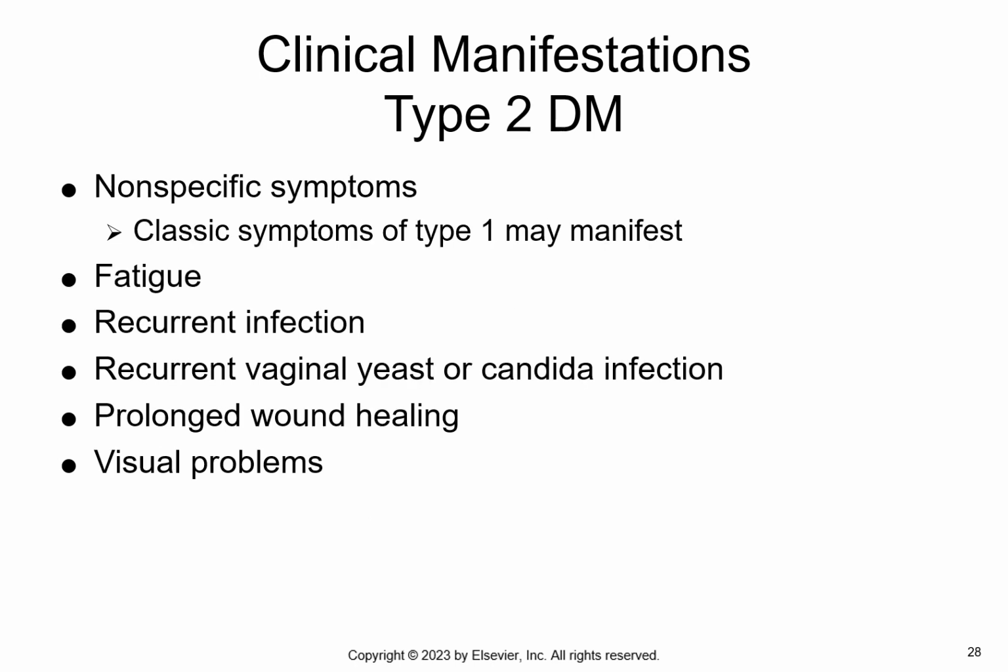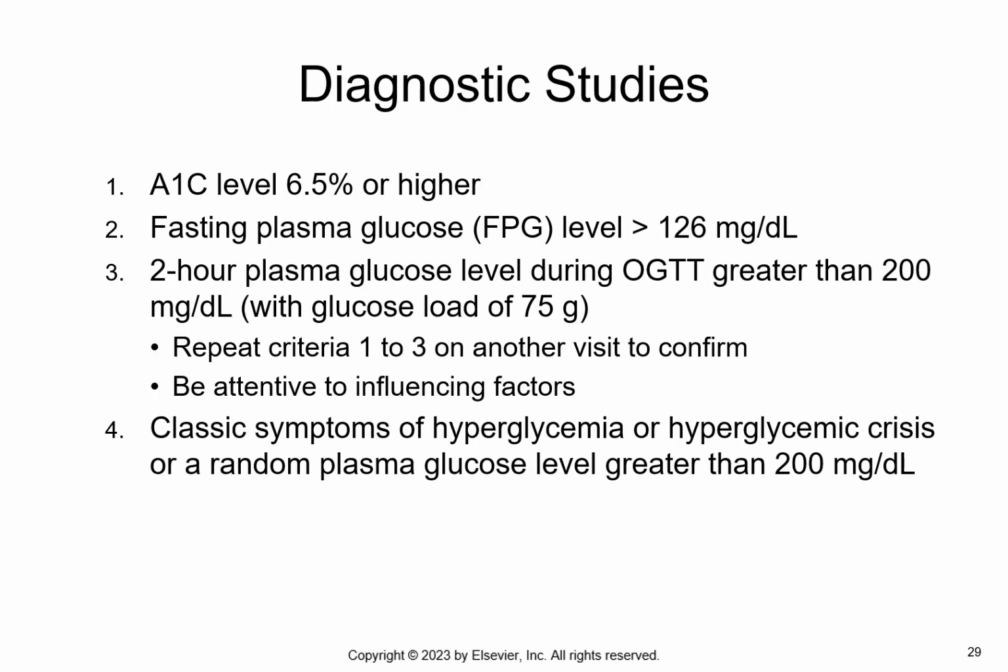So for the non-specific symptoms, classic symptoms of type 1 may manifest. We already said fatigue, recurrent infections, recurrent vaginal yeast or candida infections, prolonged wound healing, and vision problems can occur. And we talk about the diagnostics.